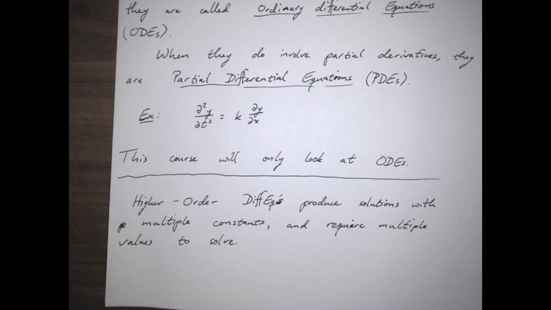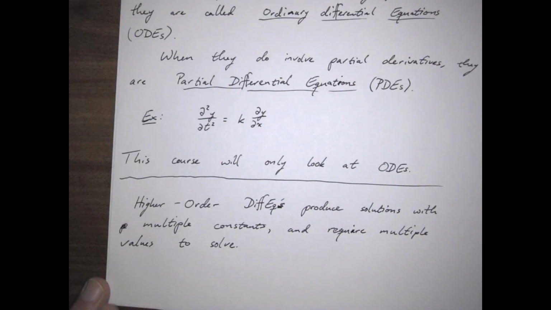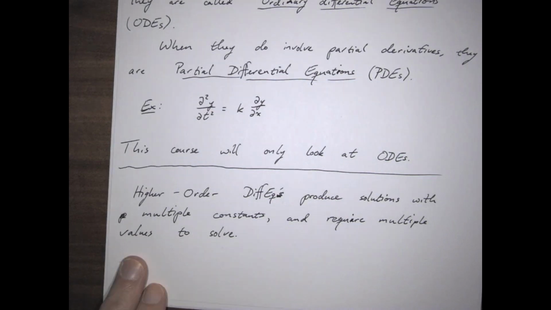And in the case of a boundary value problem, you need multiple different values for the function at different x values.